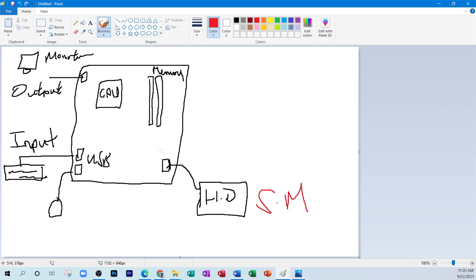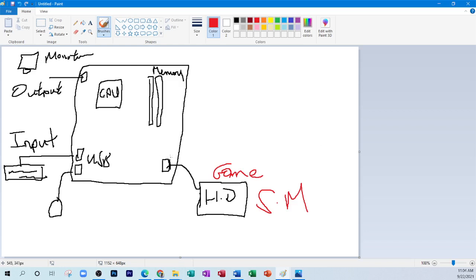Now, say for instance you want to play a game. The game is going to be stored on the hard drive of the computer. Right? Everything permanently has to be stored here so that we can access it later on. And how does it get to the monitor? How does it get to that screen for you to see that you are playing the game?